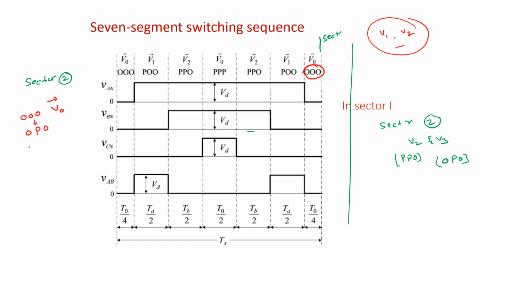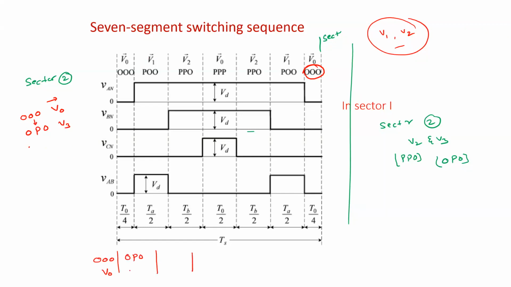That means you have only one transition. V3 is selected. So what is the next state you will select? In this period, for example, you start with 0, 0, 0, and now it is 0P0.